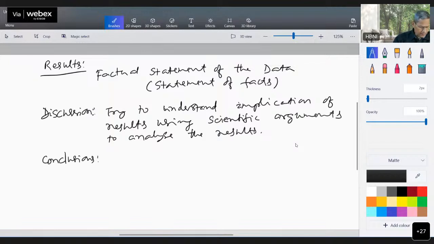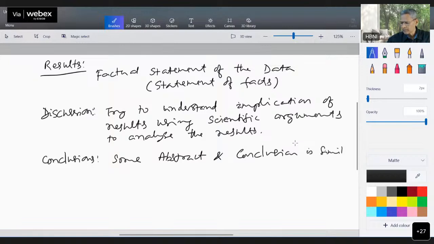In some way the abstract and conclusion are similar, but there is greater flexibility to explain the work and future perspective.